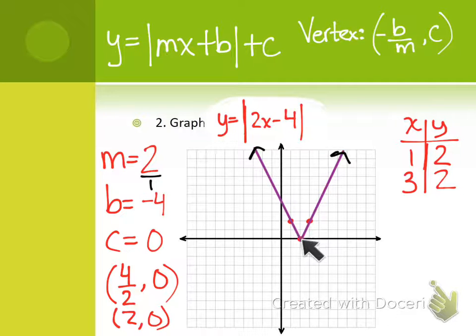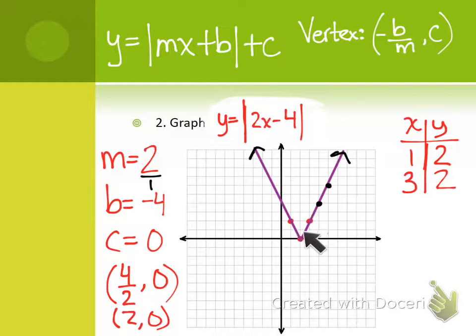And if I look at my vertex, and I go up 2 over 1, well, that's where one of my points was. If I go up 2 over 1 again, I should still land on my line, assuming I drew my line nice and straight, which it looks like I do. Up 2 over 1. There's another one. Up 2 over 1.